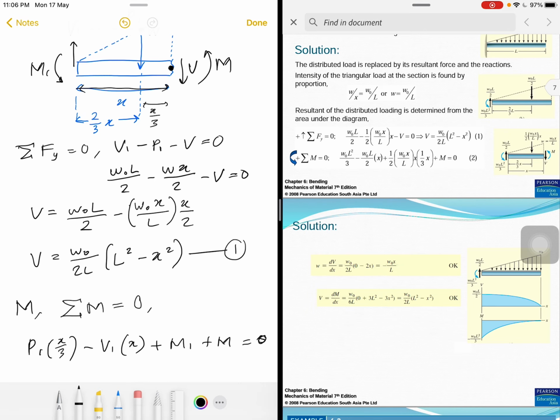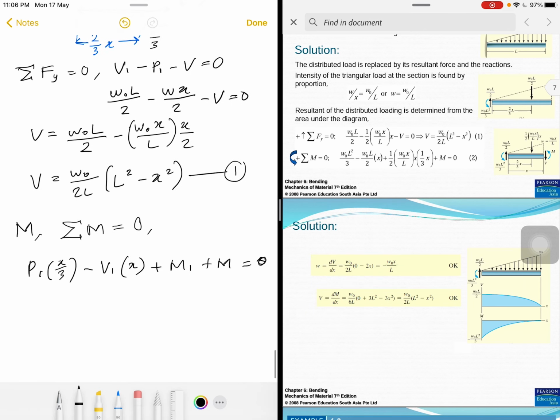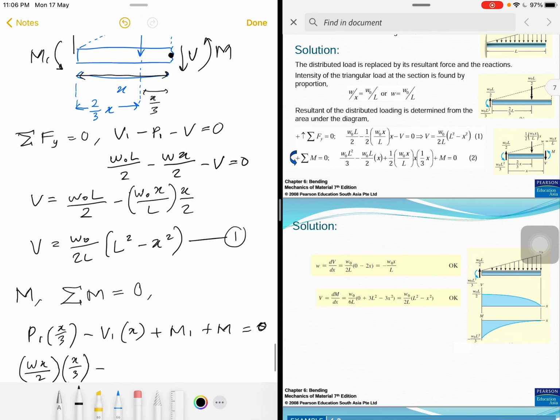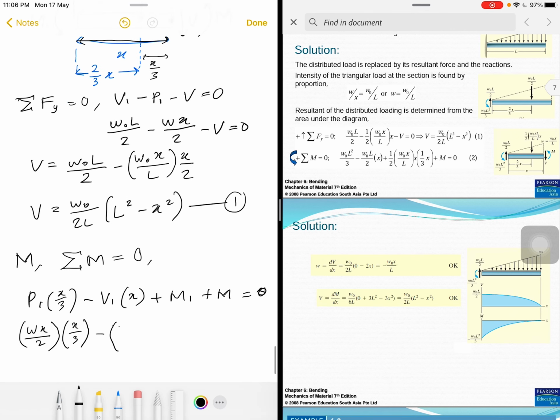Alright, so now we may replace everything that we have found. P1 is equal to Wx over 2 and multiply with x over 3 minus V1. V1 is W naught L over 2 times x plus M1.